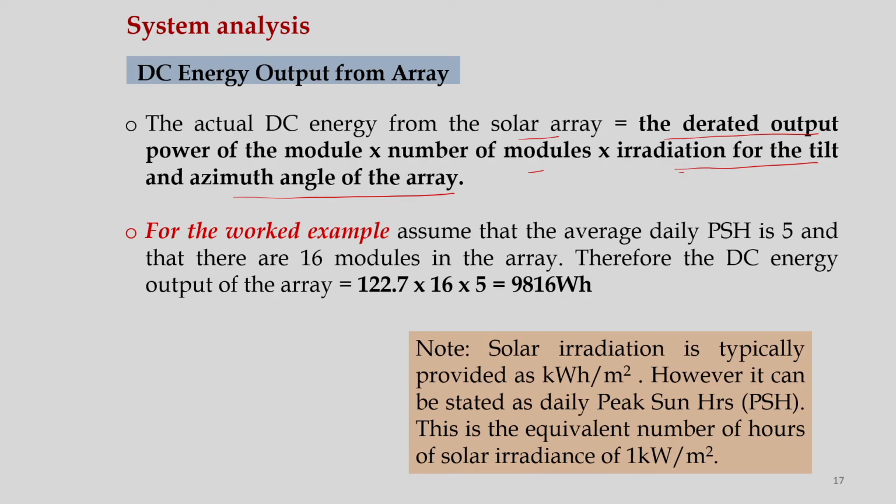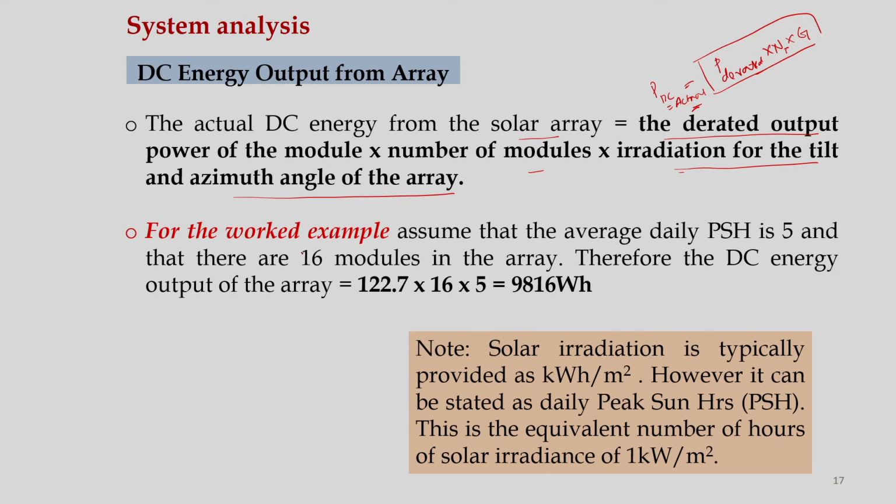So, this is P derated multiplied by the number of modules, then Z, which may be the irradiance, or you can write I. So, this is something like the actual P DC.